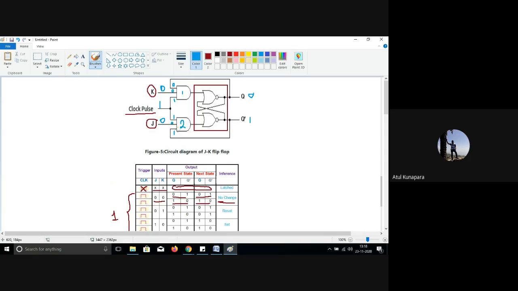But as you can see, one of the inputs of both the AND gates is 0, so the outputs are 0, 0, and that's why the latch, because of the two NOR gates, will give no change at the output because both inputs are 0, 0. So this will remain 0 only and this will remain 1 only, right?